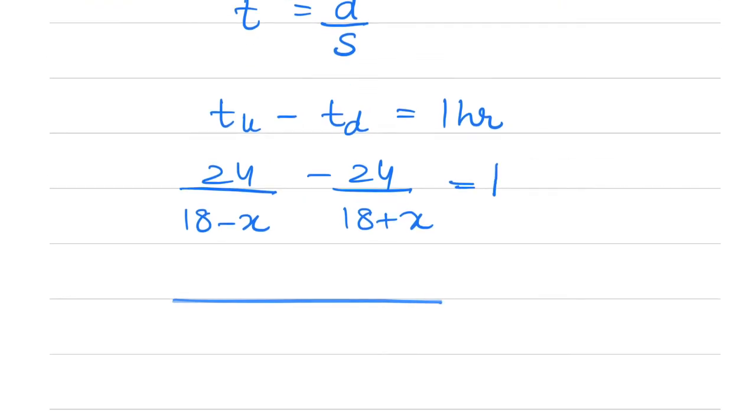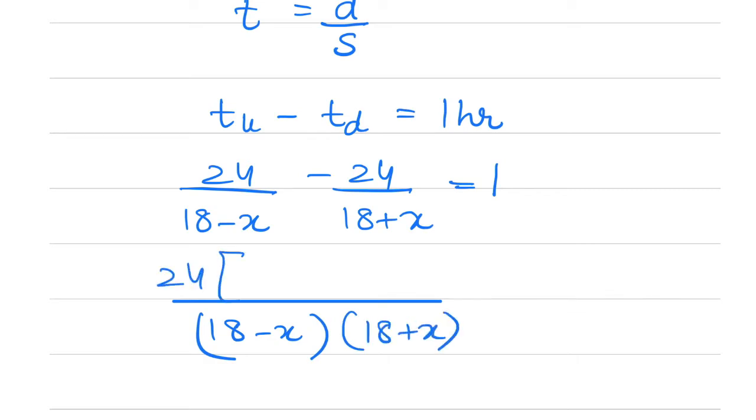Now the LCM will be (18 minus x) into (18 plus x), and in the numerator I can take 24 common, and I have 18 plus x minus 18 plus x. This is equal to 1.